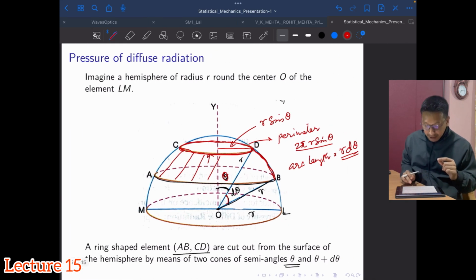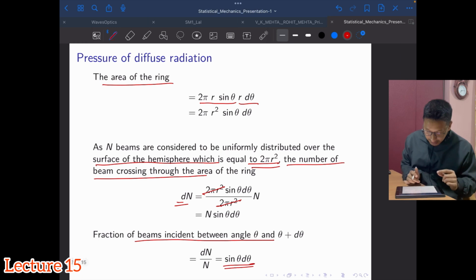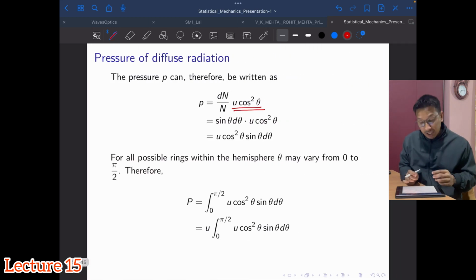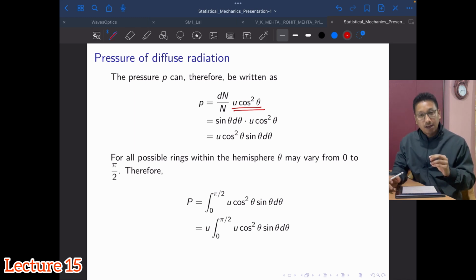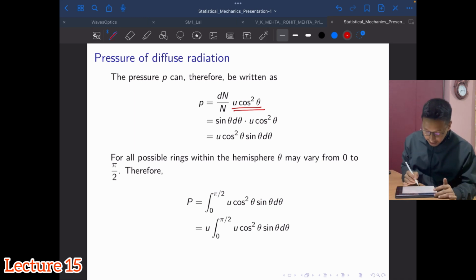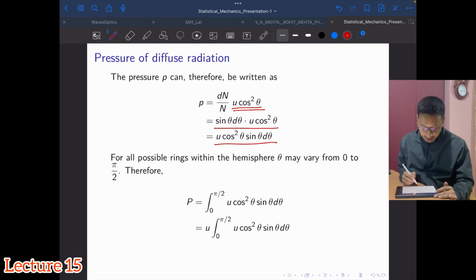So now I have the fraction of the beams which are going through this ring shaped area, so I can write that the pressure exerted by the photons passing through this ring is given by this particular expression: dn by n, which is sine theta d theta, multiplied by u cos square theta. So simply it will be u cos square theta sine theta d theta.